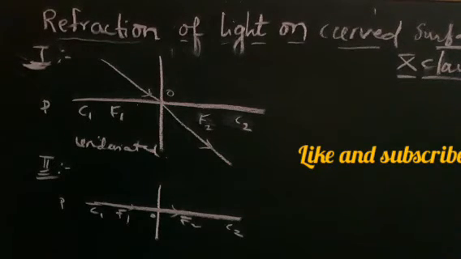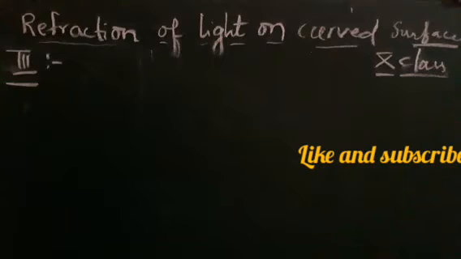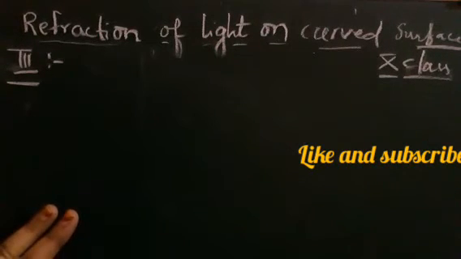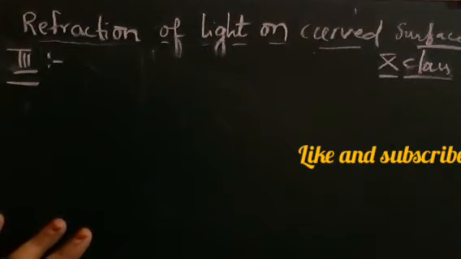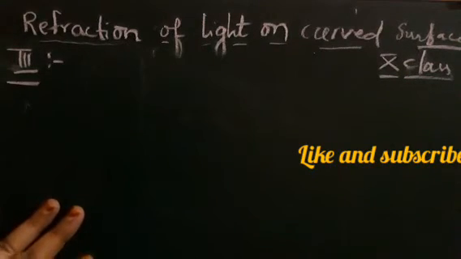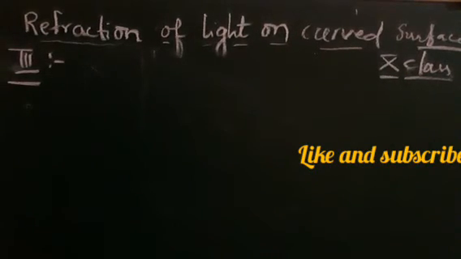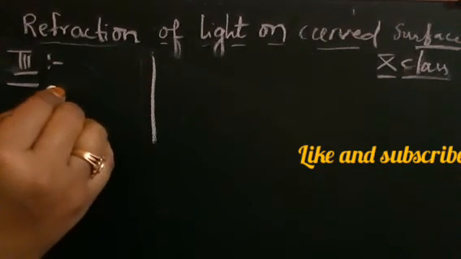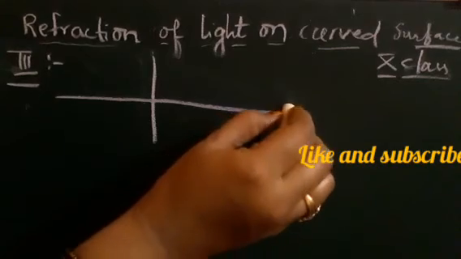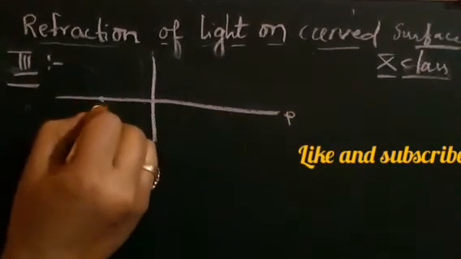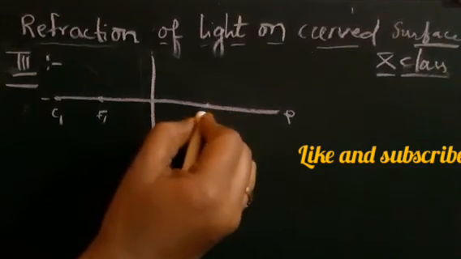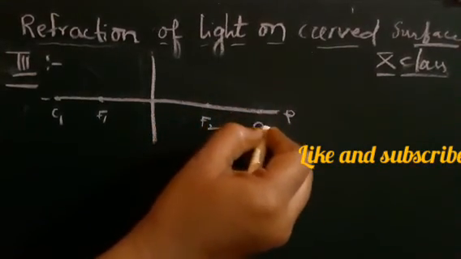Okay. Third, a ray of light parallel to the principal axis of a convex lens always passes through the focus on the other side of the lens. So this is your lens, this is your principal axis, this is the focus point, center of curvature.